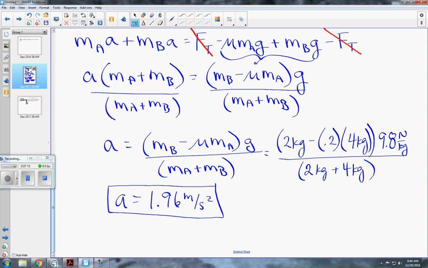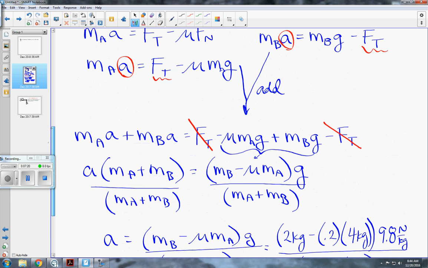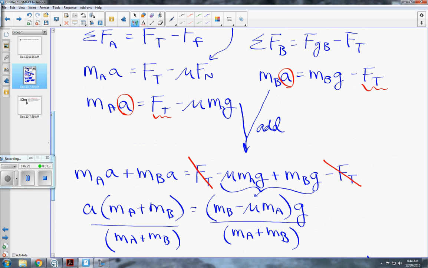Now, just like with any algebra system of equations, once you solve for one of your variables, you can take that and plug it into one of these two equations up here to find your tension. Oops, sorry, not those two. Those are the same equation. Either this equation or this equation we can plug it into. I'm going to choose to plug it into this one.